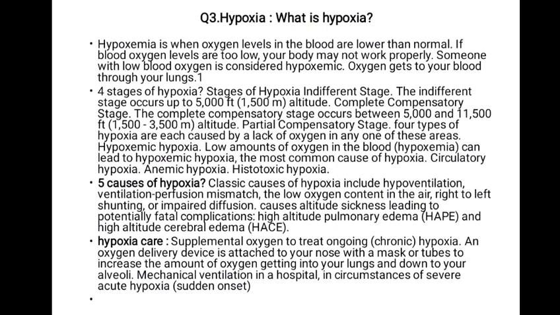Again, there are 4 stages of hypoxia, each caused by lack of oxygen in any one of these areas. A low amount of oxygen in the blood can lead to hypoxemic hypoxia.